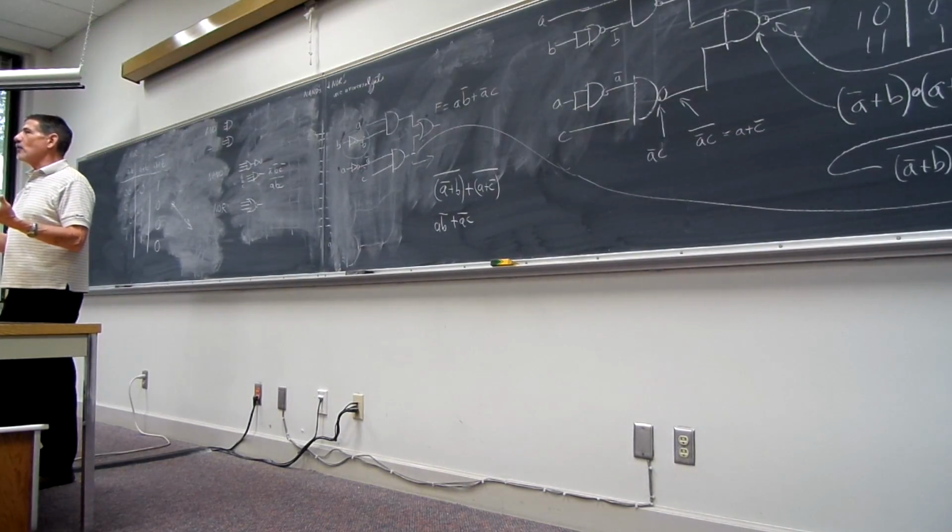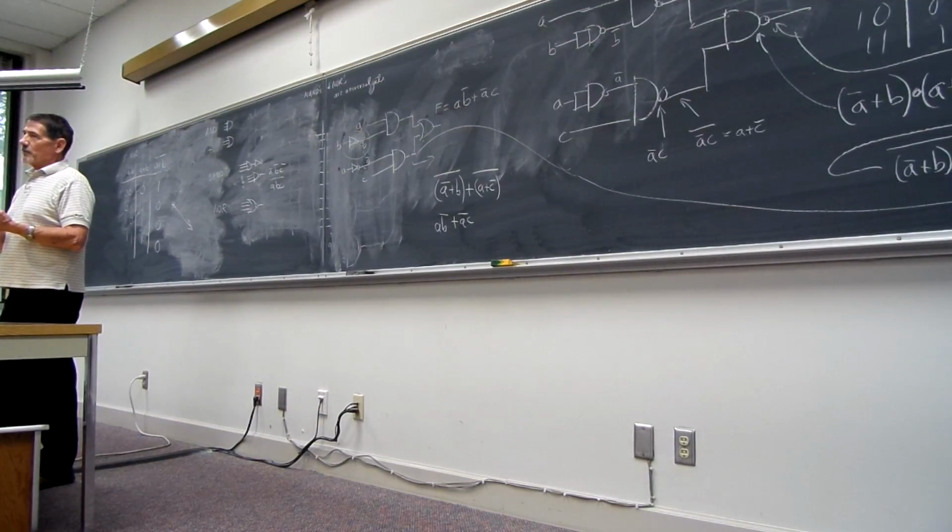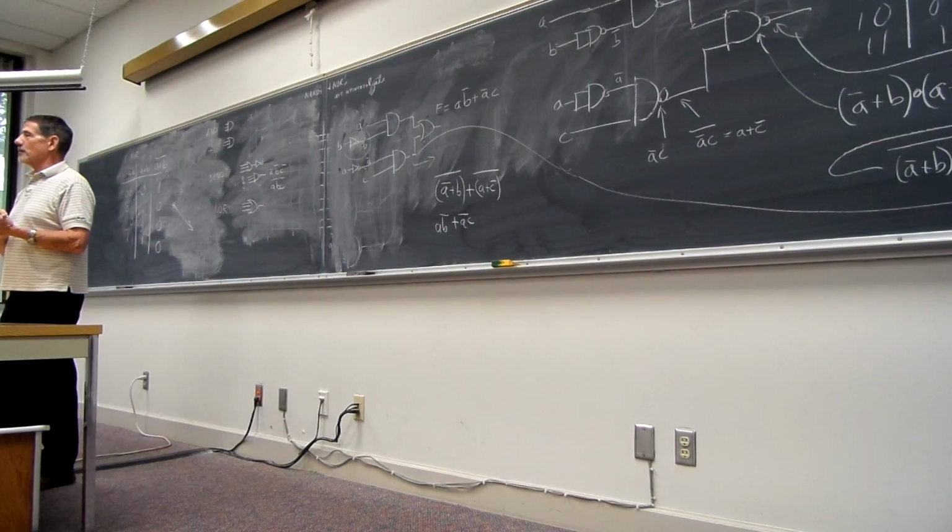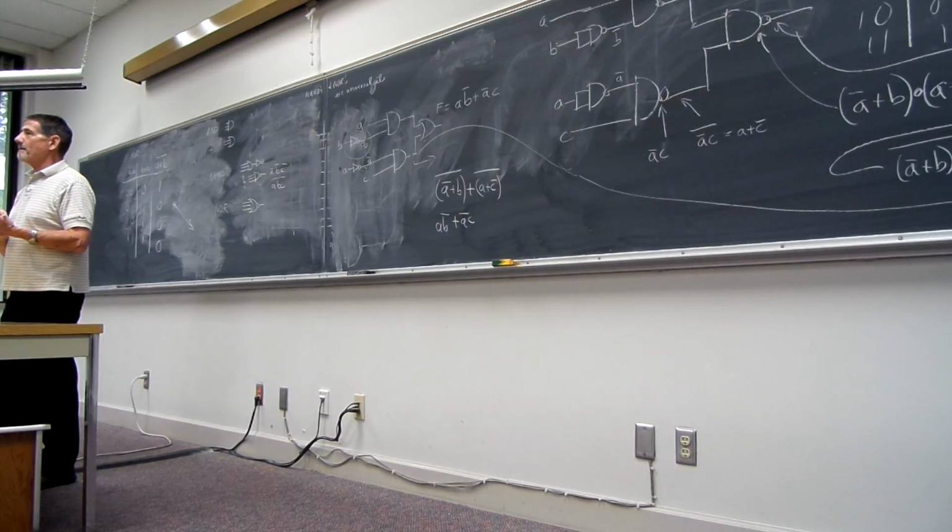And one may or may not be more advantageous than the other. Most people don't mess with that. They just go ahead and do a minimum sum of products. Questions?